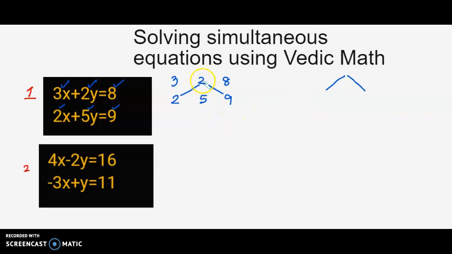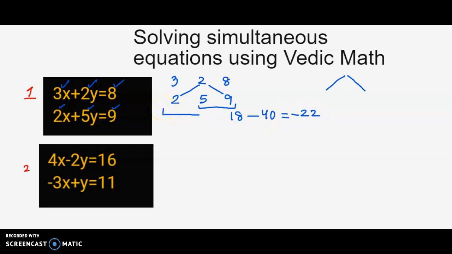Next step is multiply. Take these two pairs of numbers and multiply 2 and 9, that is 18, minus 5 and 8, that is 40, and find the value, that is negative 22.